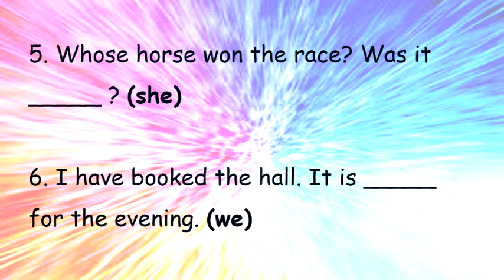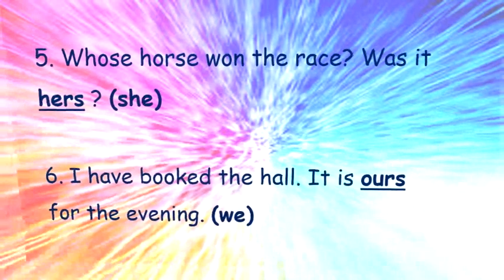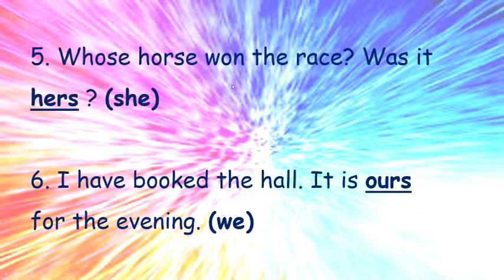Yes, you got it right. So let us have a look at your answers. Whose horse won the race? Was it hers? I have booked the hall. It is ours for the evening.